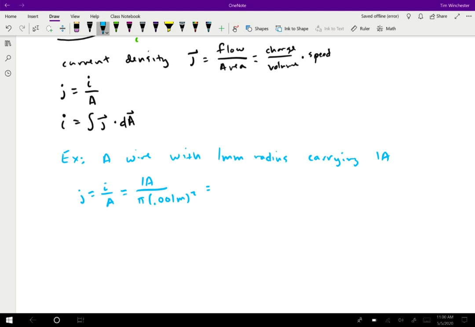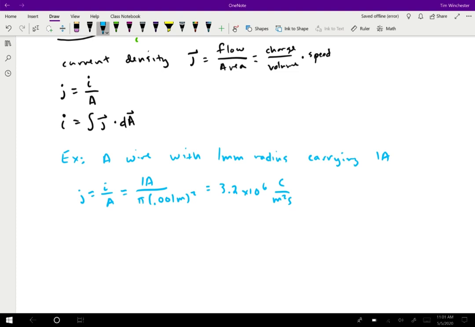If you plug that into a calculator, I believe you get something like 3.2 times 10 to the 6 coulombs per meter squared second. That may seem like a weird unit for this density, but we can connect that back to the flow per area. So coulombs per second divided by the area, so amps per meter squared if you wanted.